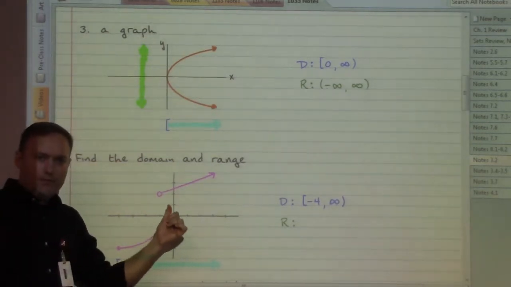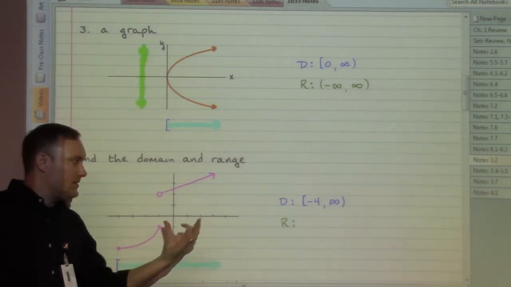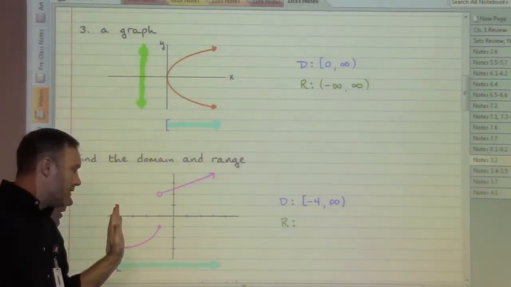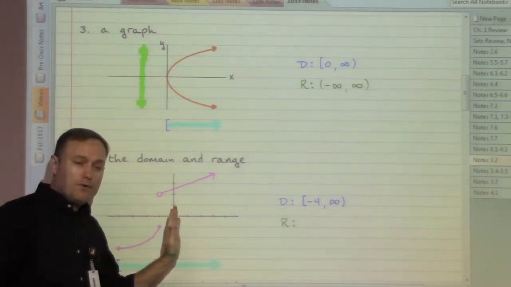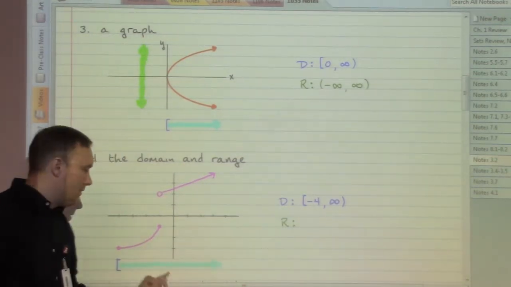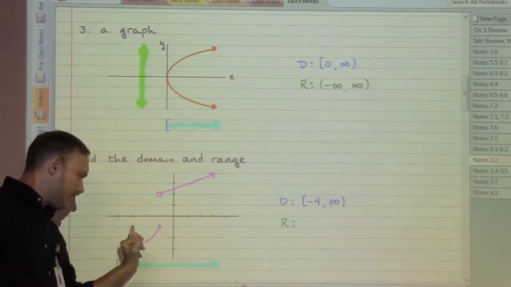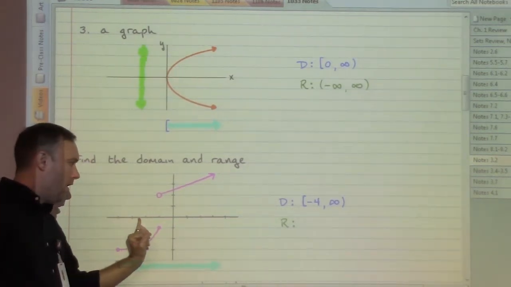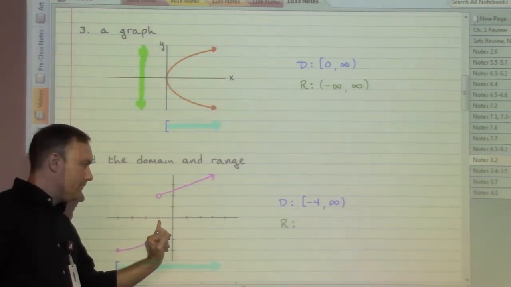Having jumped between this left-hand piece and this right-hand piece did not affect how I covered the numbers from left to right. I covered all of the numbers starting at the -4 all the way up to the -1.